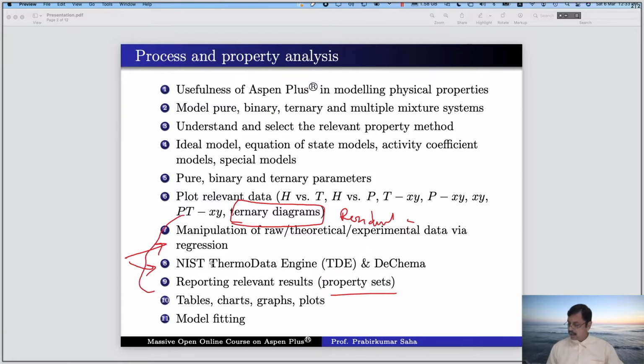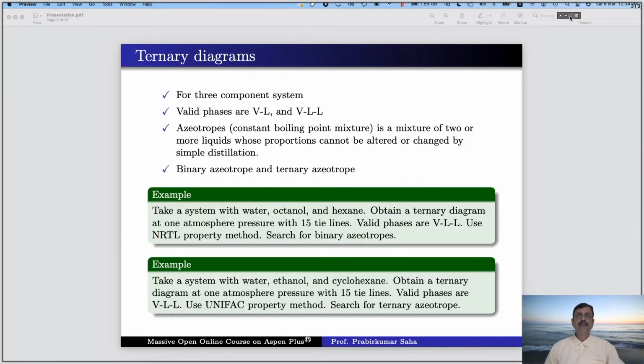So this is the last portion of this process and property analysis, because this portion we have already discussed in the previous lectures. So first we begin with ternary diagrams.